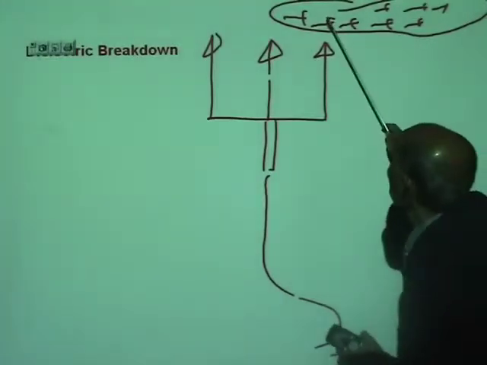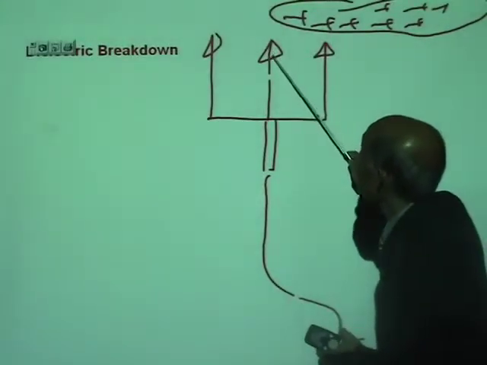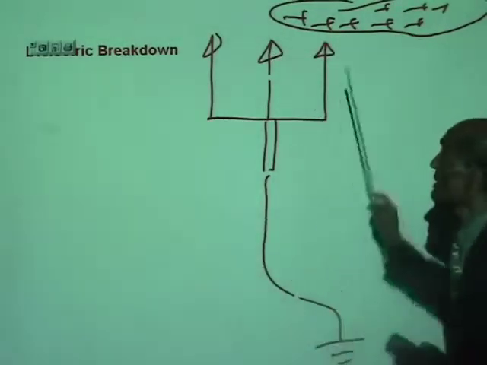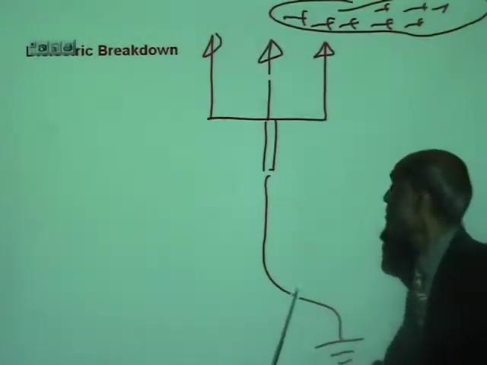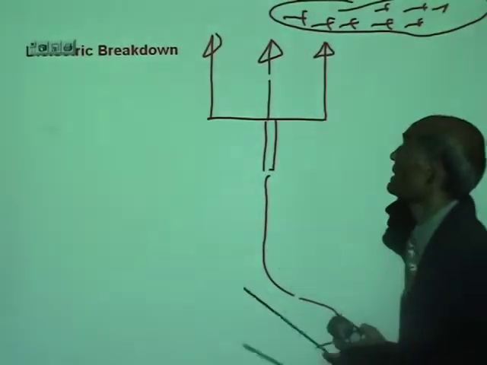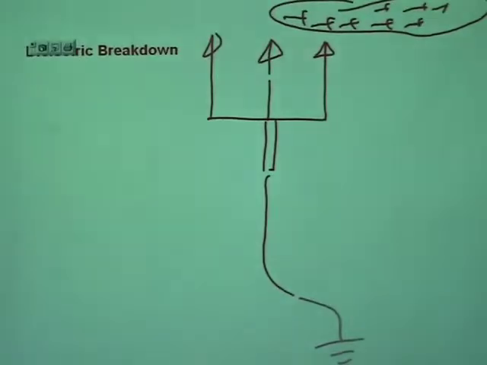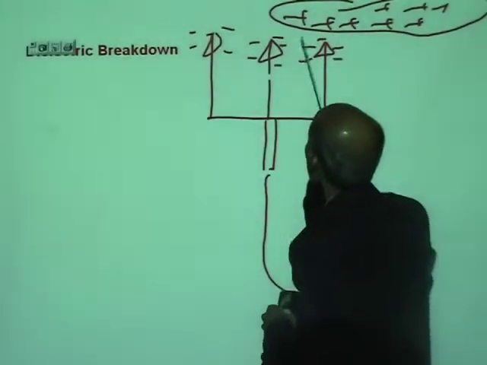Now, what I said is not correct. Because of the presence of the positive charge, negative charges from the earth will move and concentrate on these pointed ends. So what you have at the pointed ends will be a concentration of negative charges. You see that? And because the ends are pointed, these charges will be very highly concentrated there.